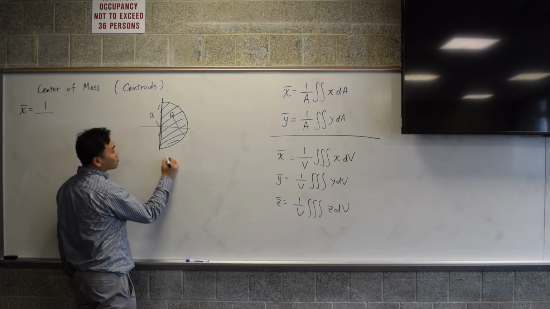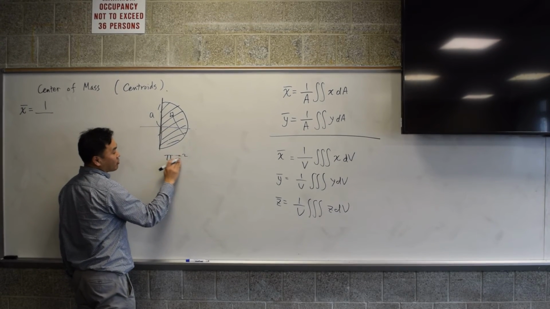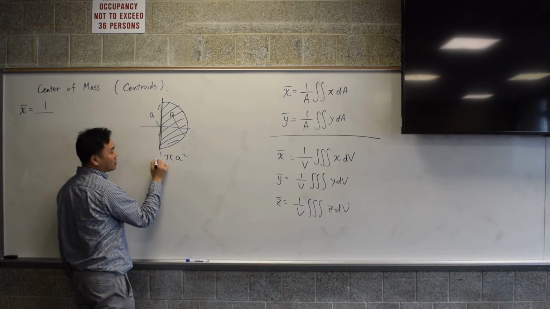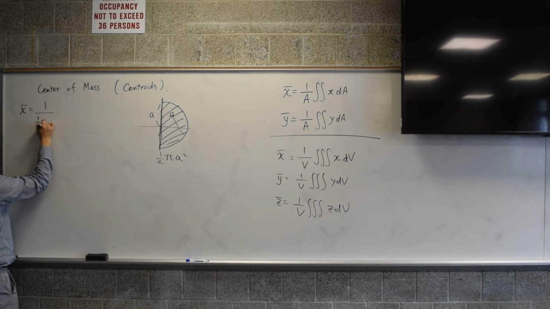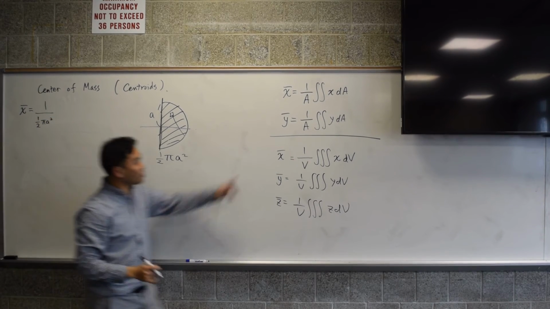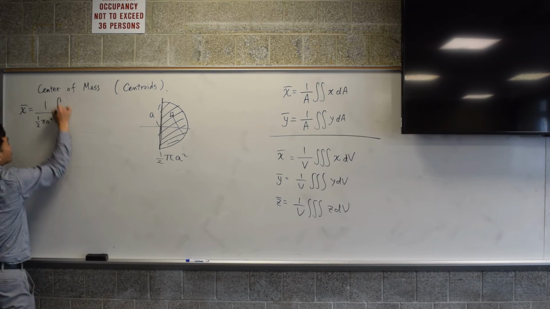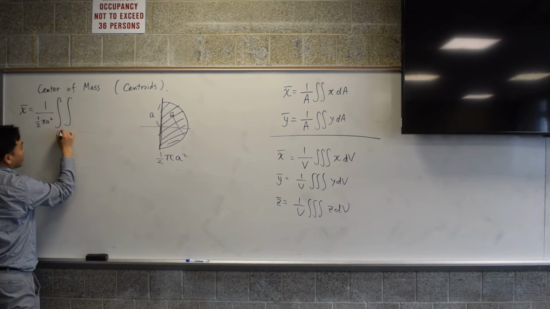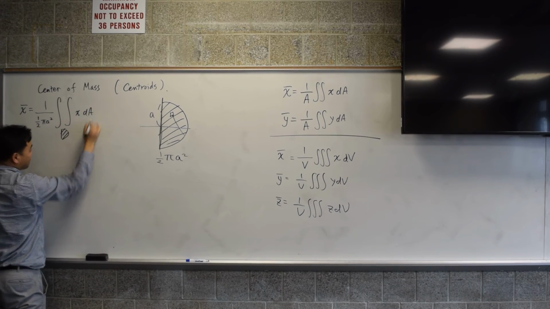Pi r squared is the formula for the circle, but our radius is a, and because it's a half disk, we need to put a 1/2. So that's what we put over here, 1/2 pi a squared. We're using this formula here, with area being that, and then the integral would be over the half disk of x dA.